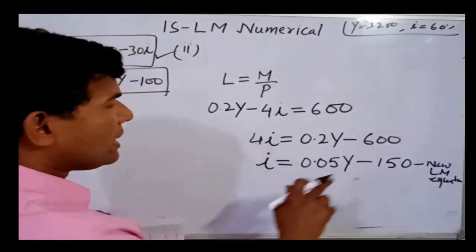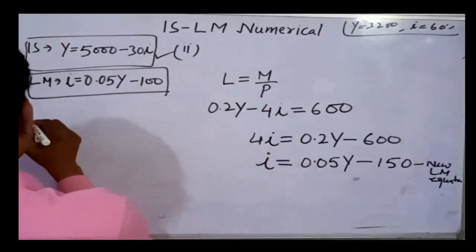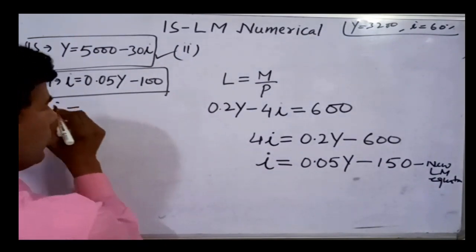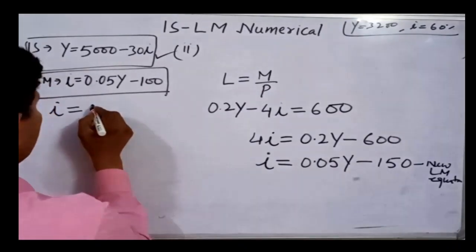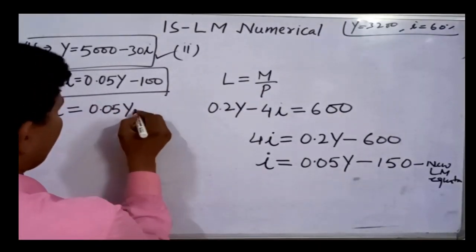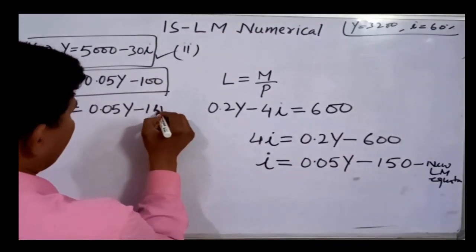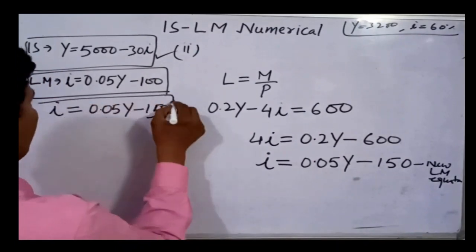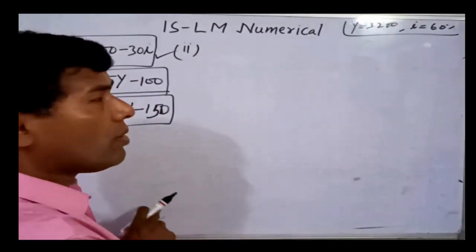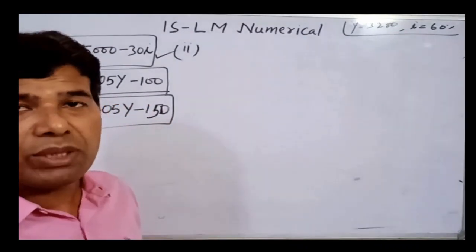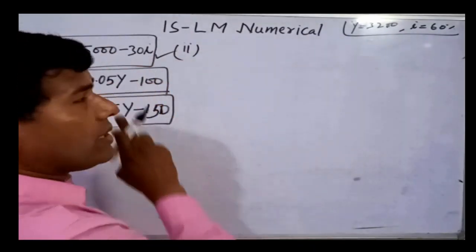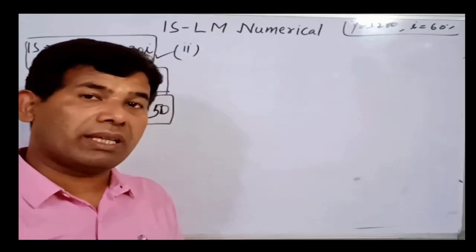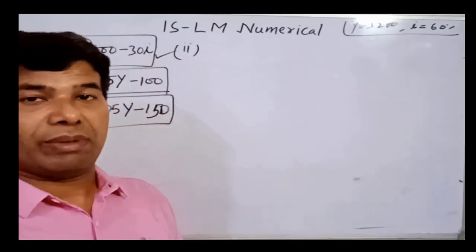So now we get the new LM equation, which I am writing here as i is equal to 0.05y minus 150. This is your new LM equation. Now by using the new LM equation and the old IS equation, we can solve the new equilibrium income for the economy after the rise in real money supply.